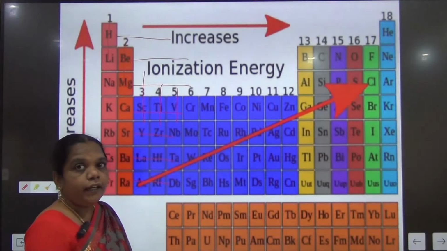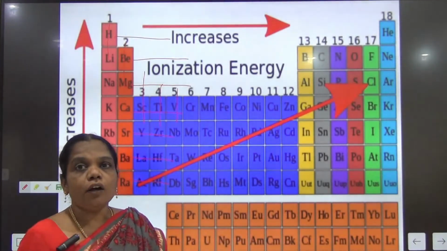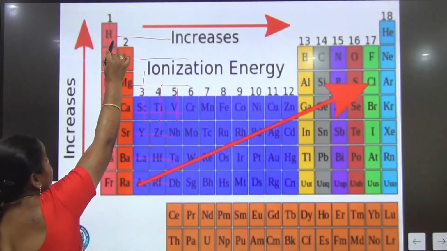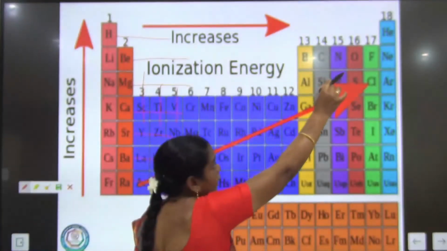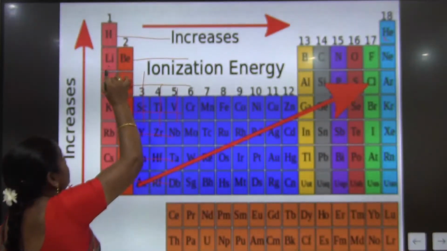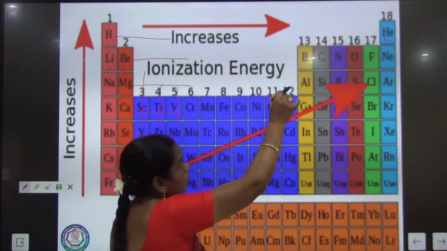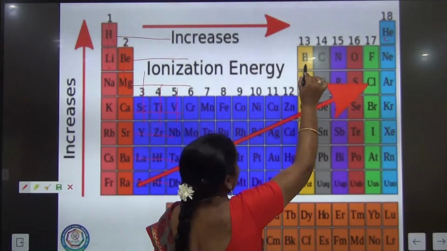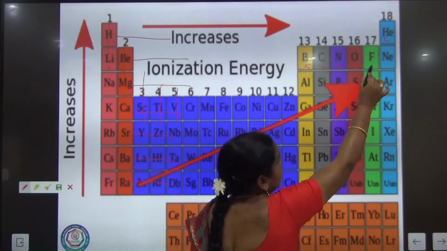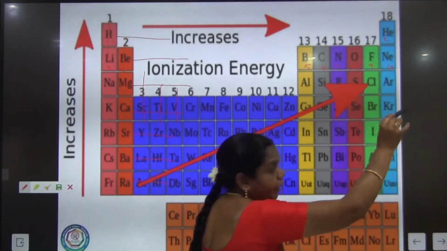In both ways, the atoms are arranged in increasing order of atomic number. You can see that hydrogen has atomic number 1, helium 2, lithium 3, beryllium 4, boron 5, carbon 6, nitrogen 7, oxygen 8, fluorine 9, neon 10, like that.